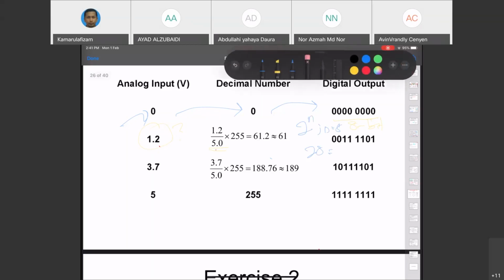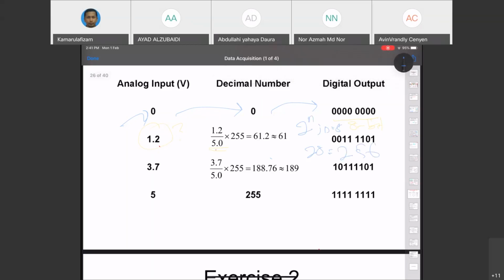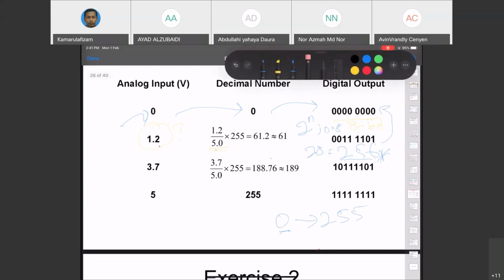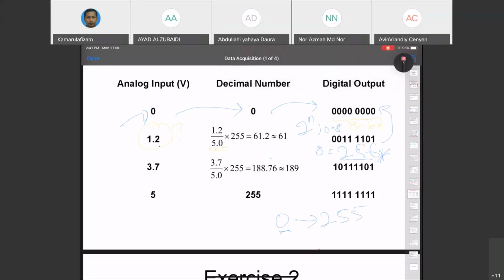You have here 256 levels. But if you can see from here, these 256 levels include 0. So in total you have from 0 to 255. 2 to the power of 8 gives you in total 256 levels.